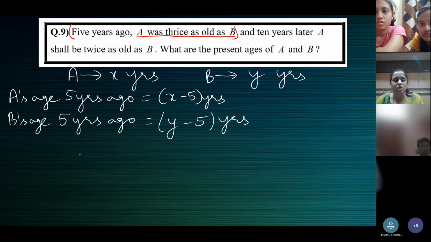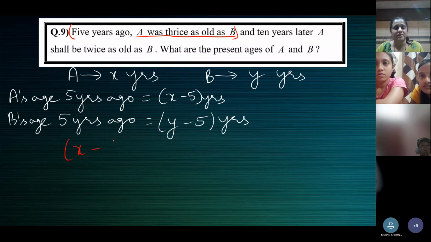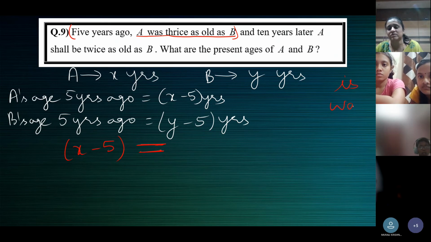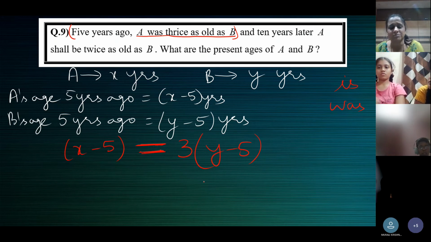Here A is X minus 5, and was means equal to. Thrice as old as B means 3 times B, so 3 into Y minus 5, correct. Then you know how to simplify and get the equation in X and Y.